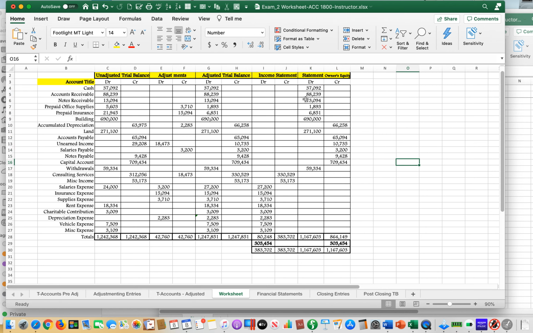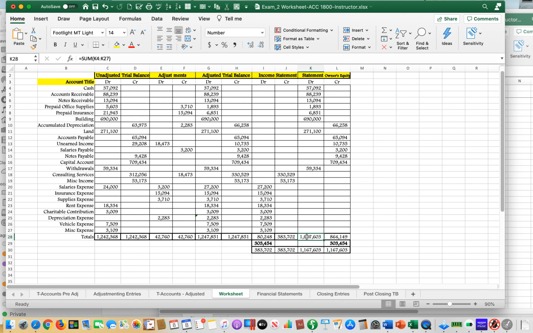Then you add up all your debits. You get 1,167,603. You're going to add up all your credits, which is 864,149.